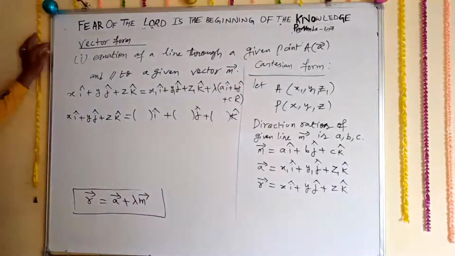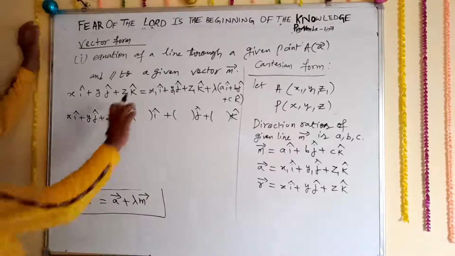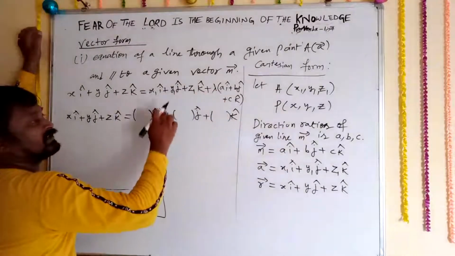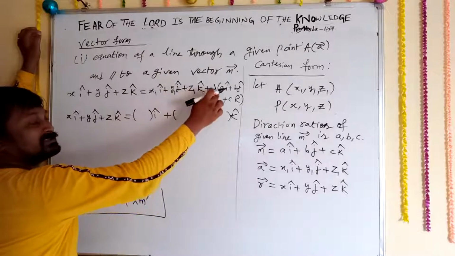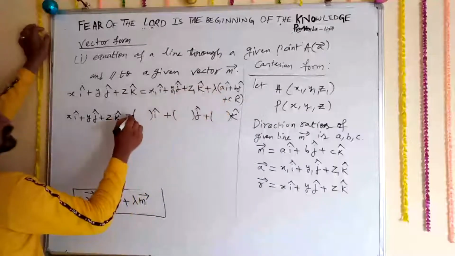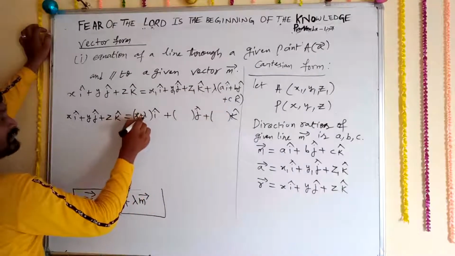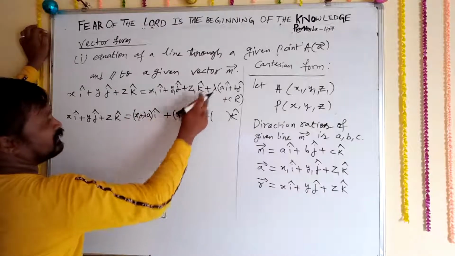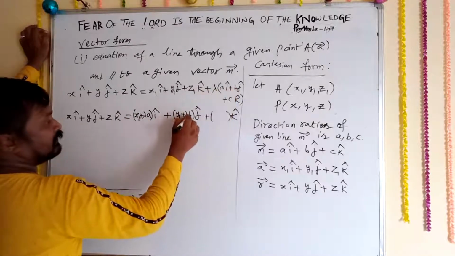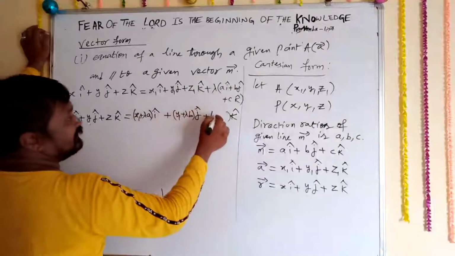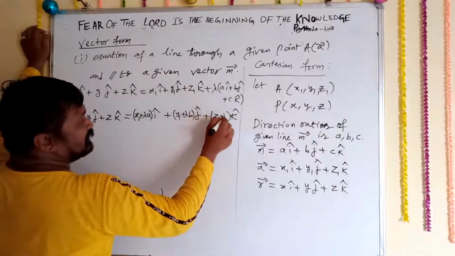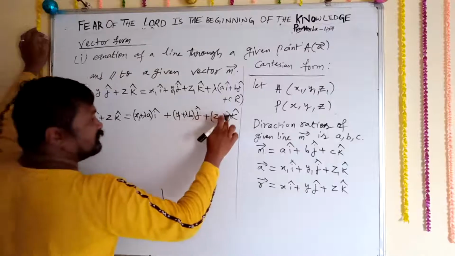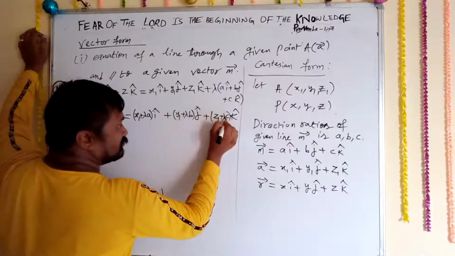What I am doing, just observe clearly. I cap common, then what is left? x1 plus lambda a. So write that, x1 plus lambda a. And next y1 plus lambda b. Then z1 plus lambda c. So we got these answers now.